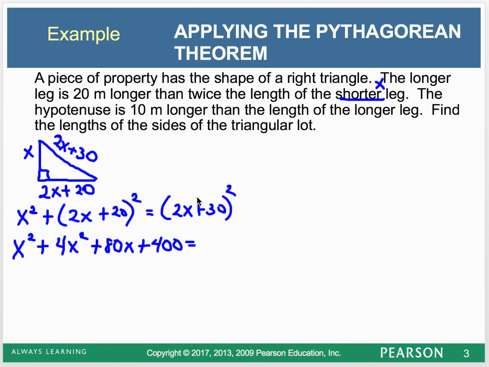Same thing here. Square the first term, multiply everything together, which would be 60x, and double it, and then square the last one.